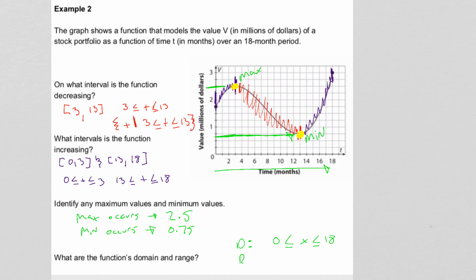And the range, what are the range of the y values? It looks like it doesn't get any lower than 0.75 or any higher than 3. So the range is between 0.75 and 3. There you go.